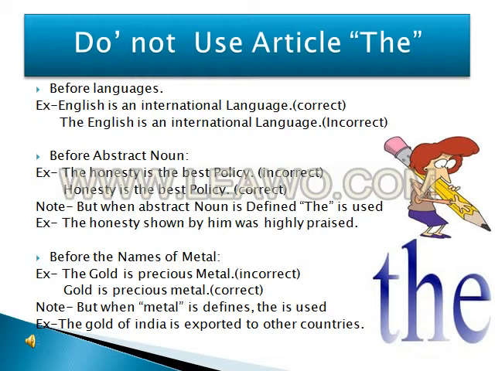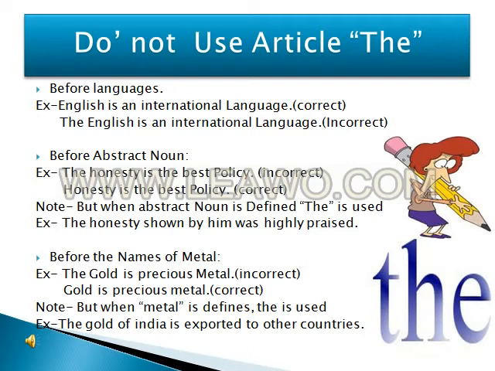Next, before the names of metals, we will not use article the. Whatever the metal is, either it's gold, silver, copper, we will not use article the. But yes, again, exceptions are there. When a metal is defined, when a metal is particularized, we will use article the.